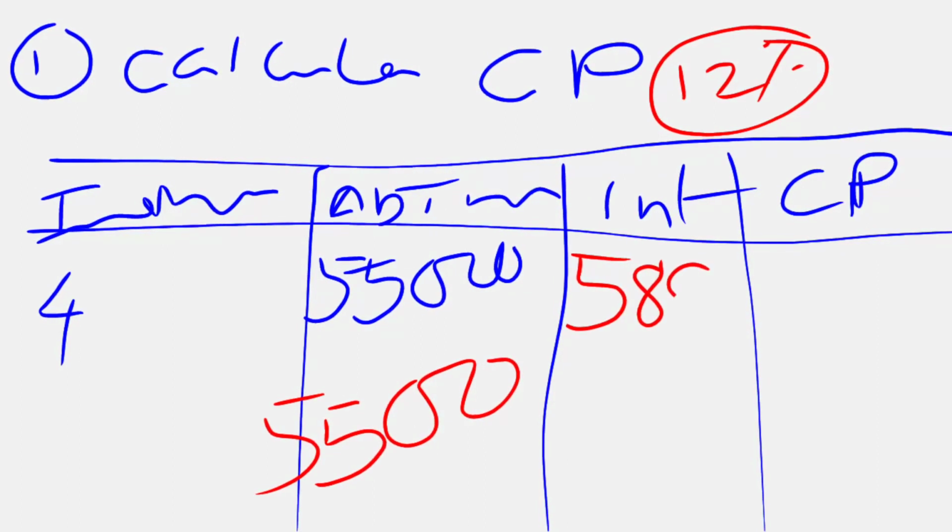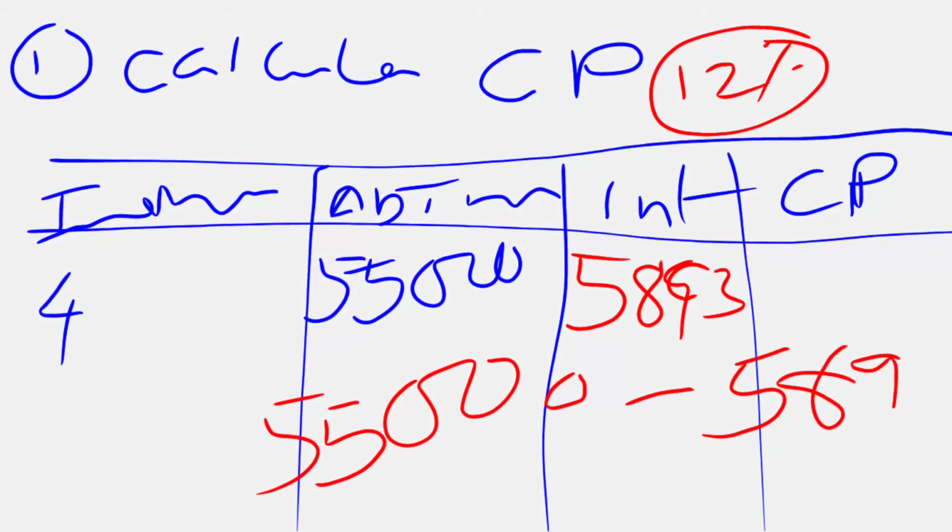Subtracting from the amount paid at the time of installment, 55,000 minus 5,893.